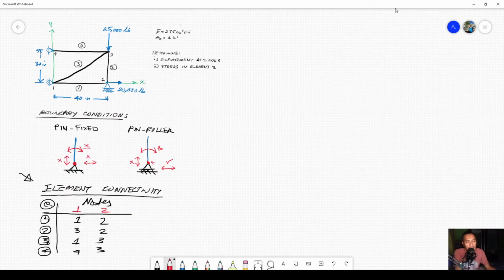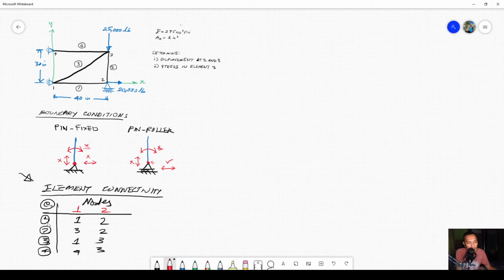The next step in solving the plane trusses problem using the finite-element method is to establish the element connectivity. As we can see in this table, each element is shown connected between nodal points, and we can use this element connectivity to draw the directions of the connectivity for each element.